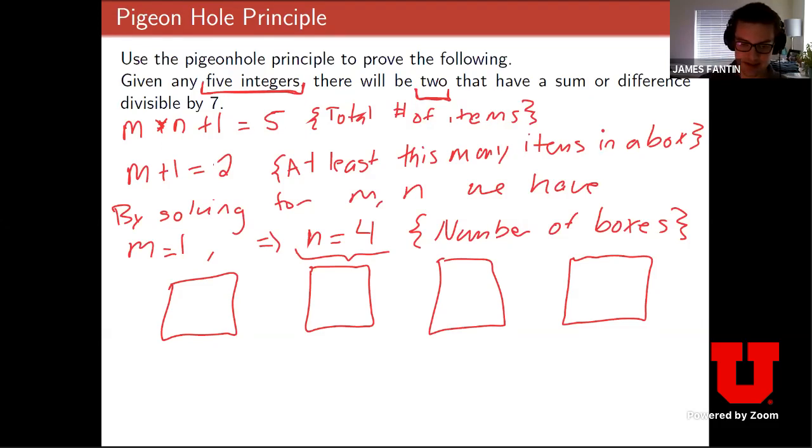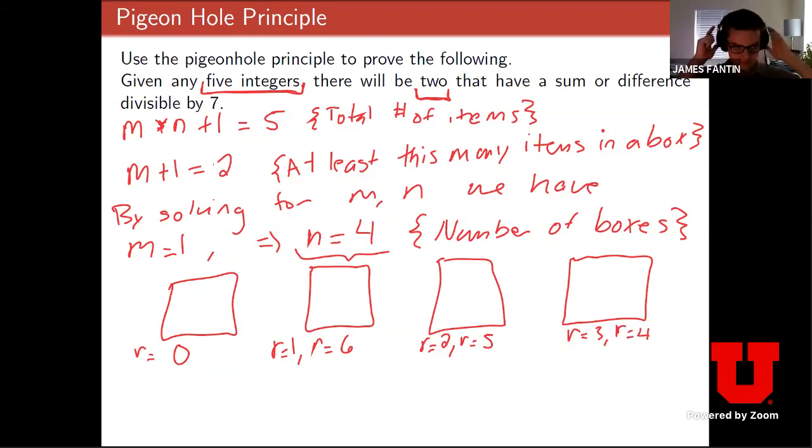Some of the ideas were: let's put all the items that have remainder 0 into one of the boxes, remainder 1 and remainder 6 into a box, remainder 2 and remainder 5 into a box, and remainder 3 and remainder 4 into a box. So why did we pick these values?